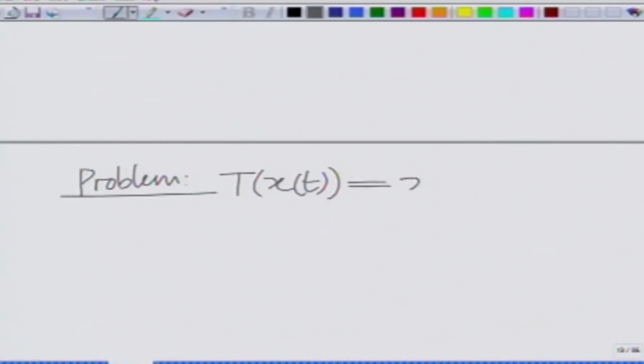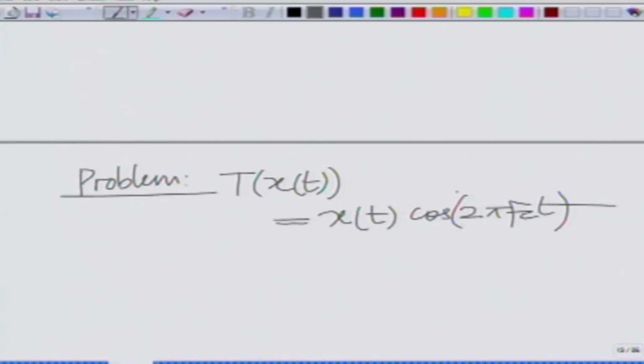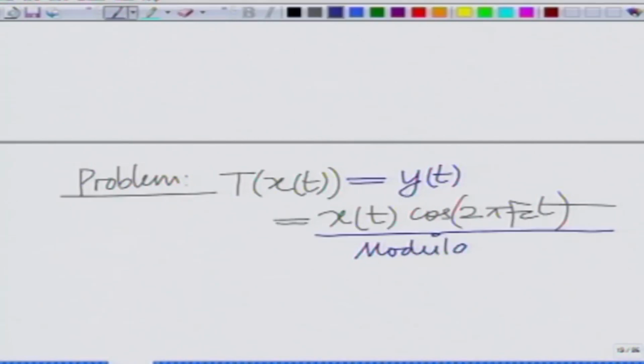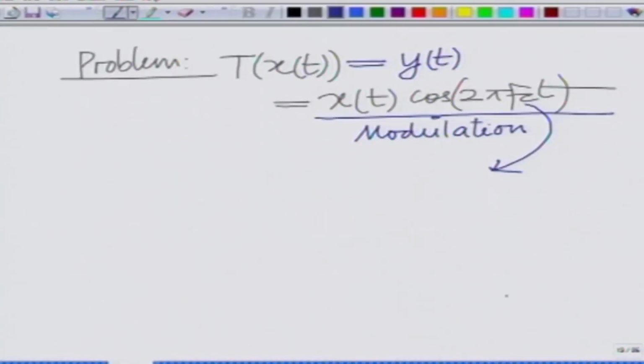T of x(t) equals x(t) cosine 2 pi f_c t. So, this is the output, y of t equals x(t) cosine 2 pi f_c t. This operation is known as modulation, and this frequency f_c is known as the carrier frequency.